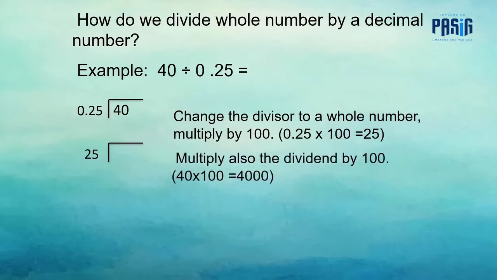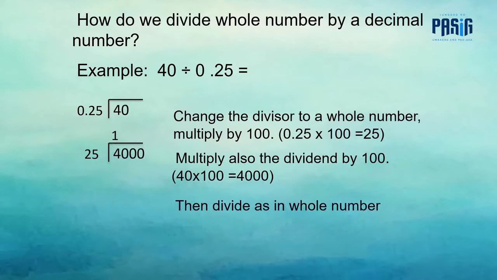Multiply also the dividend by 100. 40 times 100 equals 4,000. Our dividend now is 4,000. Then divide as in whole number. 40 divided by 25 is equal to 1. 1 times 25 is equal to 25.